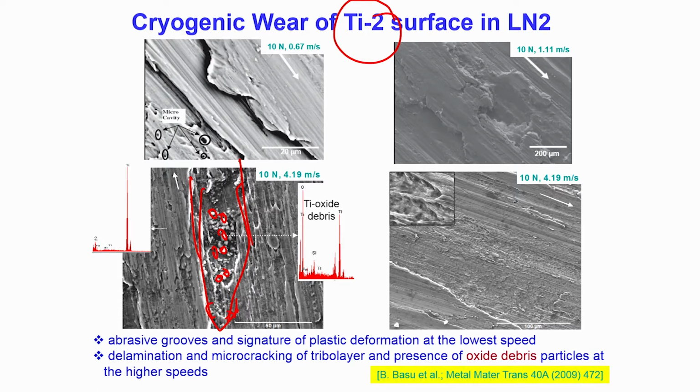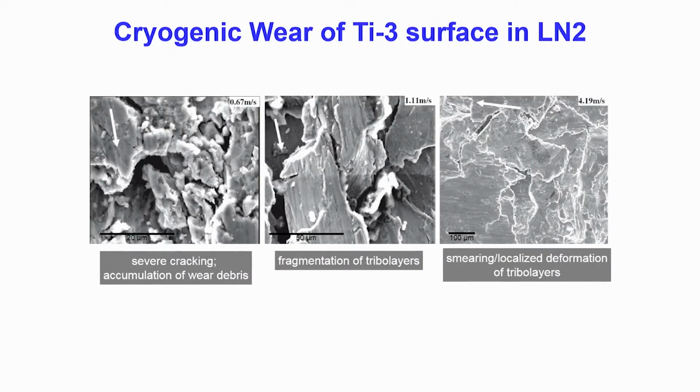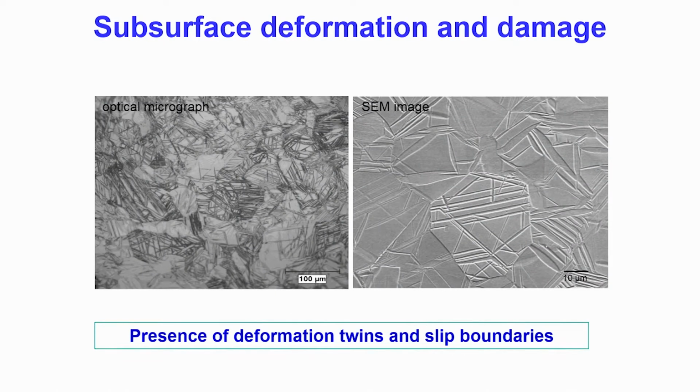And another interesting observation is that there is extensive ductile deformation, which in some parts leads to shear lip kind of behavior, and the shear lip essentially indicates plastic deformation. It is the signature of extensive plastic deformation at the lowest speed. So, we have done a systematic observation of the microstructure to observe spalling and severe cracking in the case of titanium.